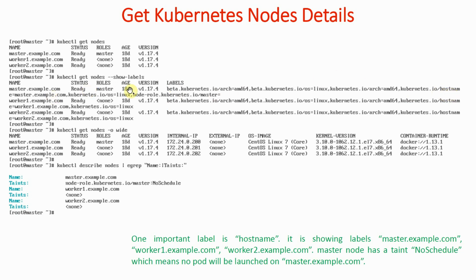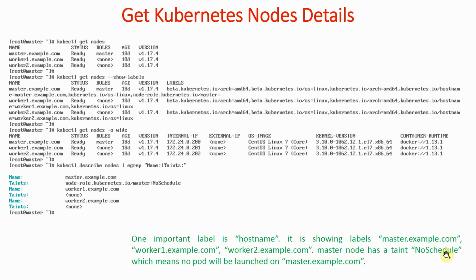In master.example.com, the label is master.example.com, and in the case of worker1, the label is worker1.example.com, and in the case of worker2, the host name is worker2.example.com. That means one important label is the host name.